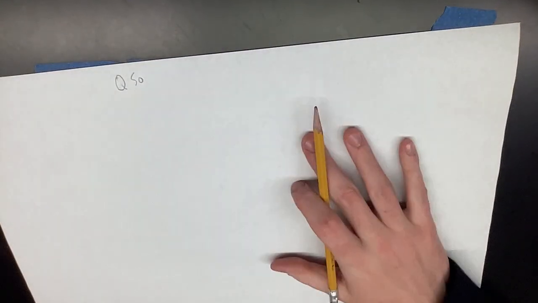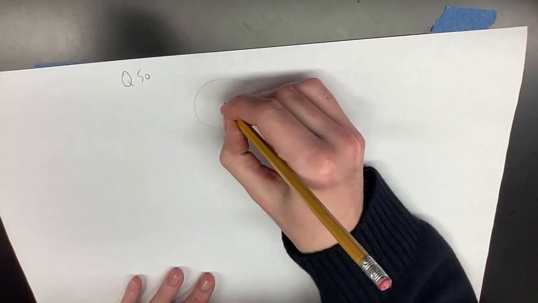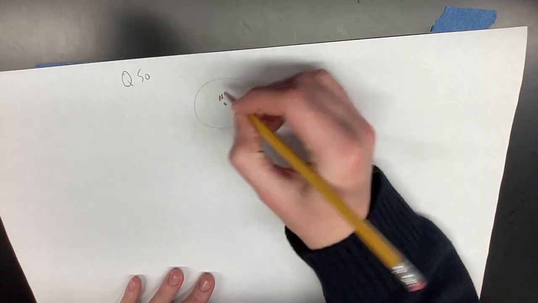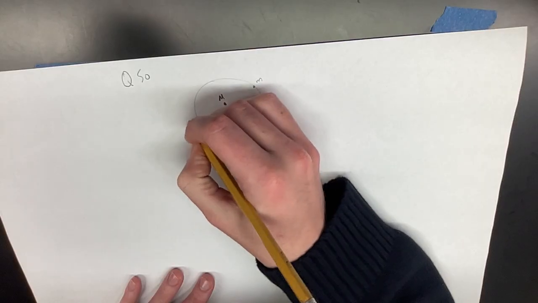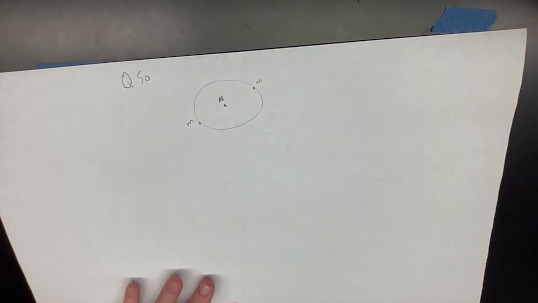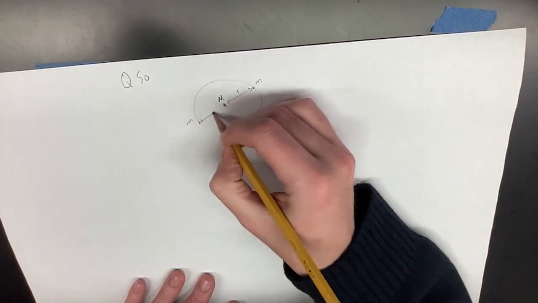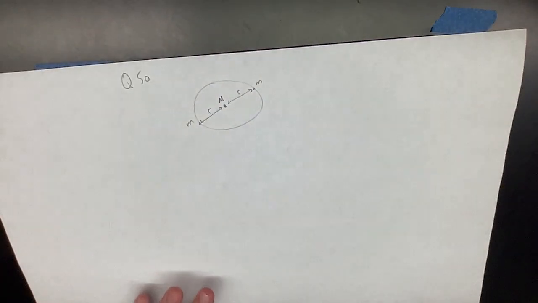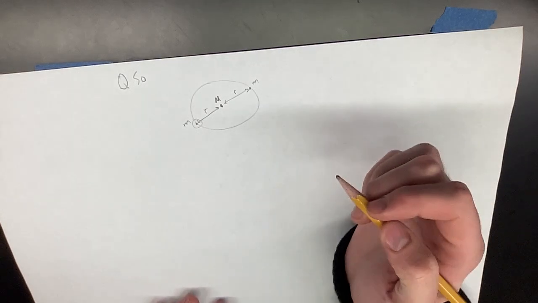All right. So, sketch it out. Got M, got little m, got little m. Each of them are a distance little r away. So let me think about this one for the moment.